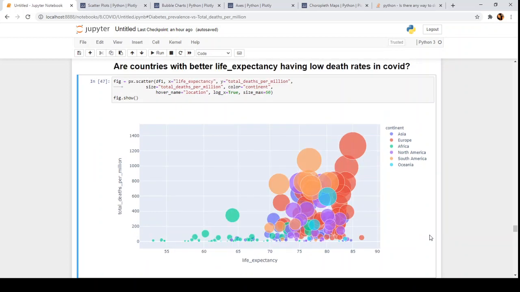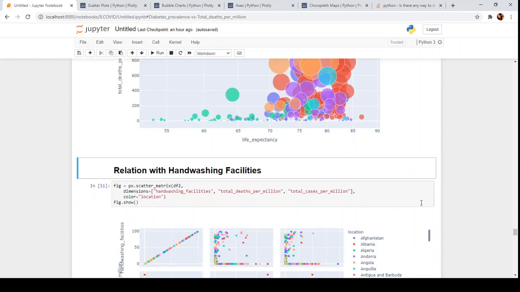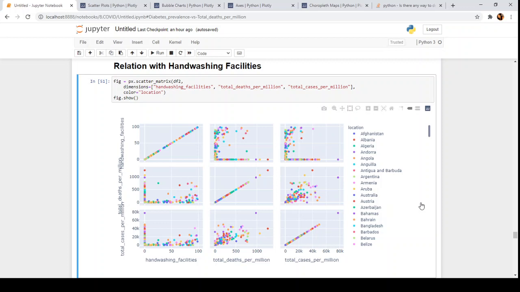Are countries with better life expectancy having low death rates in COVID? Now you can clearly see it is not so. And relation with hand washing facilities, you can see the graphs here, between hand washing facilities and total deaths per million and total cases per million country wise.